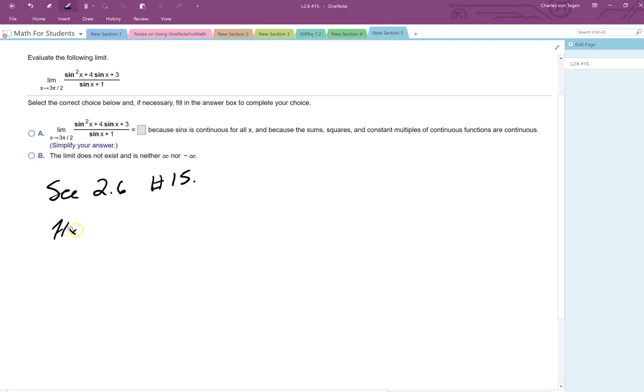So if I give this function a name, let's call it f of x. Before we get going too far, let's ask the question, where is f continuous?